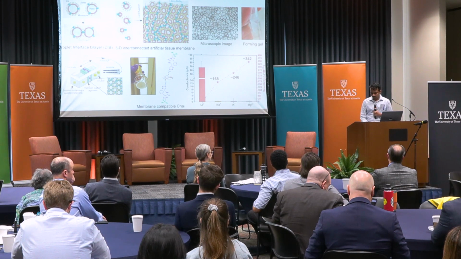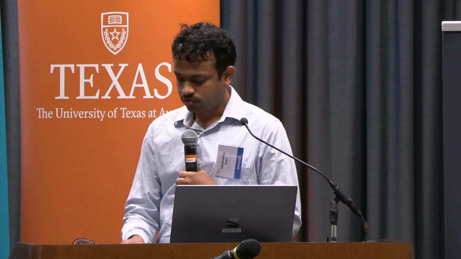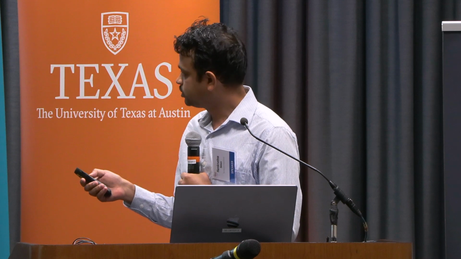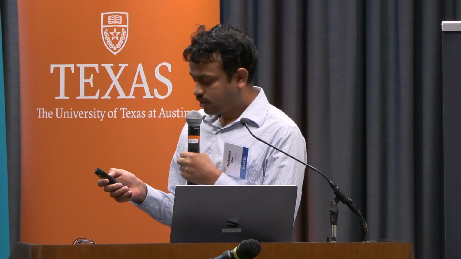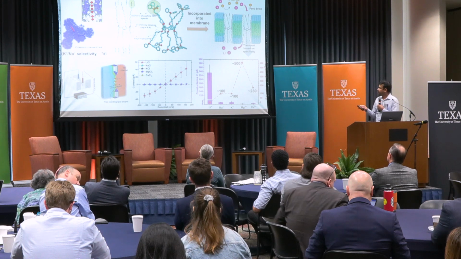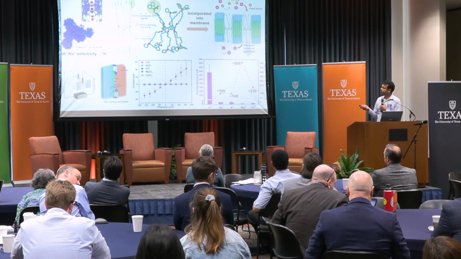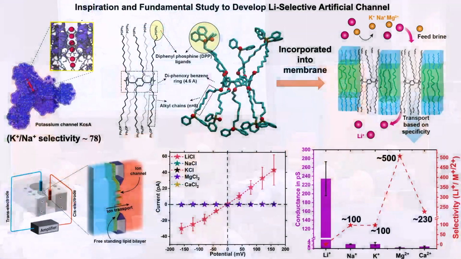Basically, we collaborated with Professor Venkat Ganesan to find out the selectivity, like how it filters lithium and why not others. If we go back to this channel, the PO-PH2 group, the diphenyl phosphine group, strongly interacts with the sodium and potassium ions.